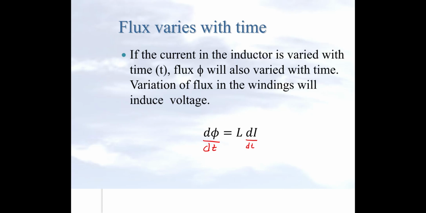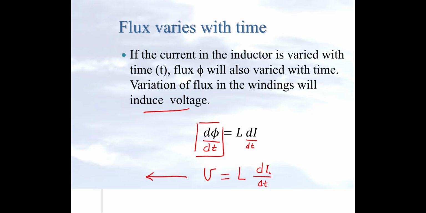L times di dt. Now if you still remember from earlier this semester, d phi dt, the rate of change of flux, will actually induce voltage. So V, the voltage across the inductor, is equal to L dIL dt, where IL here is the current through the inductor.